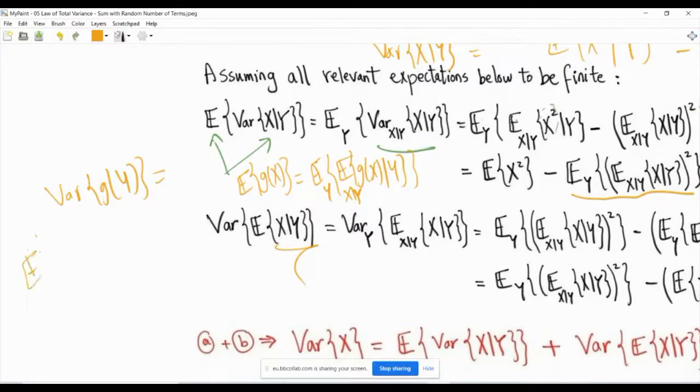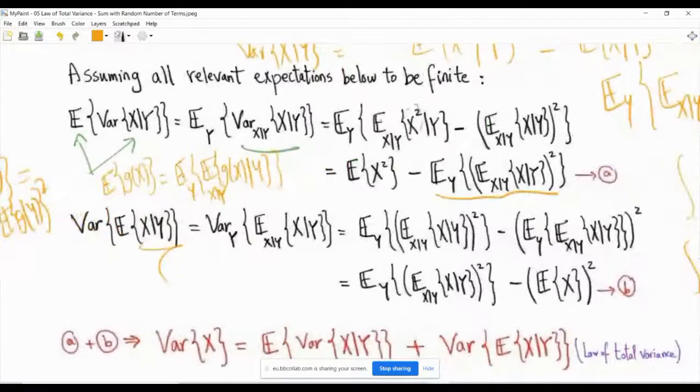It is the expectation of the square of the thing, minus the expected value of the thing itself, squared. Follow the definition. So the variance of expected x given y is this thing squared, and then you take the expectation with respect to y, minus the expectation, and then you square.